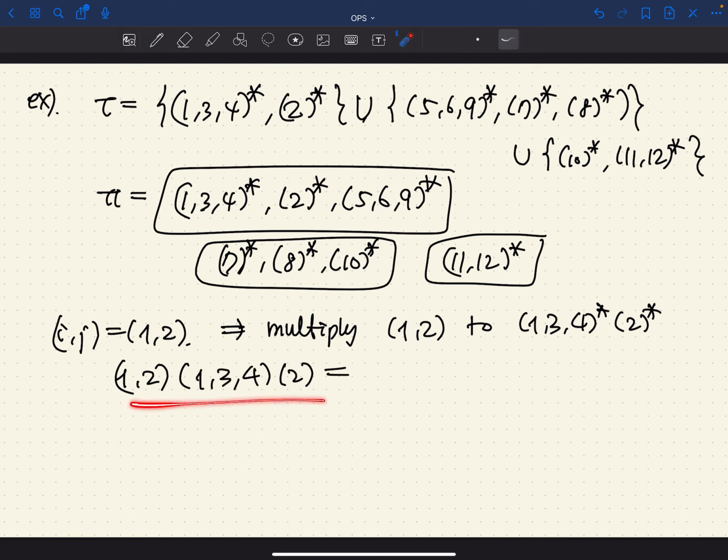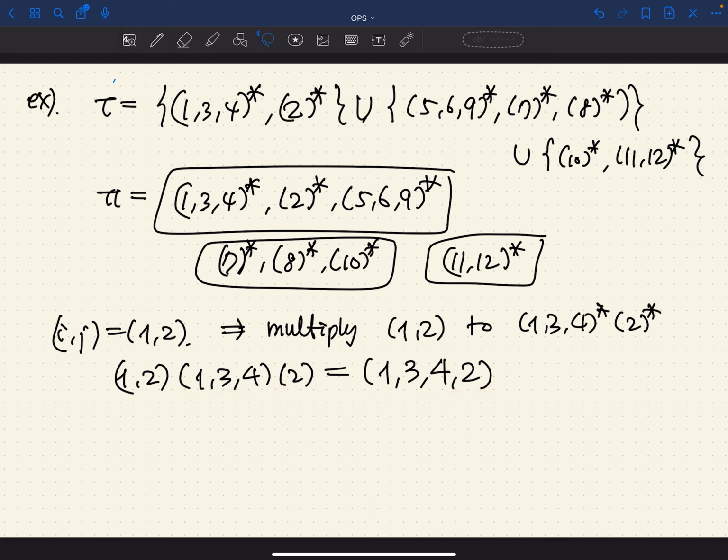And this, as a permutation, 1 goes to 3, 3 goes to 4, and 4 goes to 1, and 1 goes to 2, so 4 goes to 2, and 2 goes to 1. So this is a permutation that you can get if you multiply this. That means we're gonna combine these two together to get a single cycle.